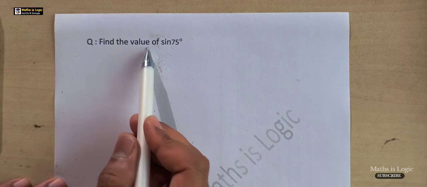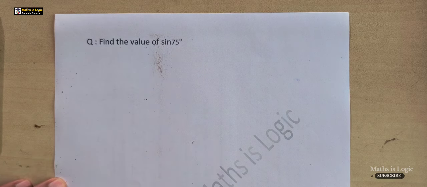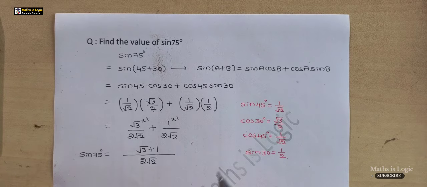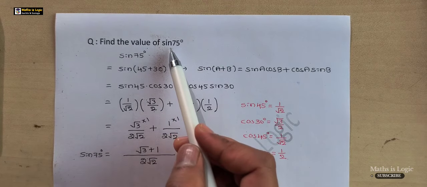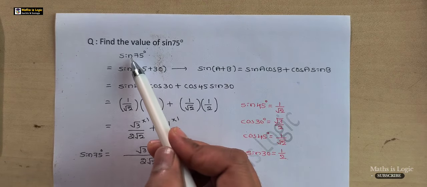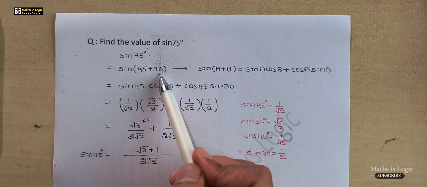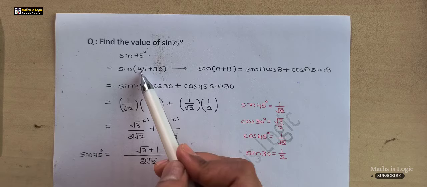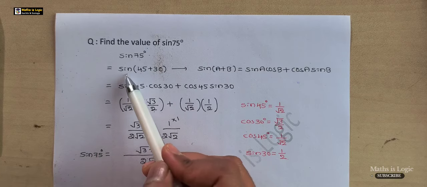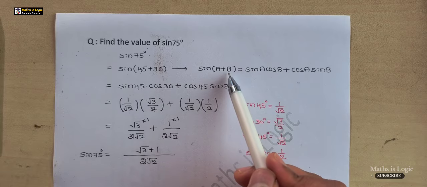So next, find the value of sin 75 degree. In the solution, first take sin 75. Again the same, keep sin as it is. Split this 75. How to split? 45 plus 30. Once I split 75 as 45 plus 30, this looks like sin(A plus B).